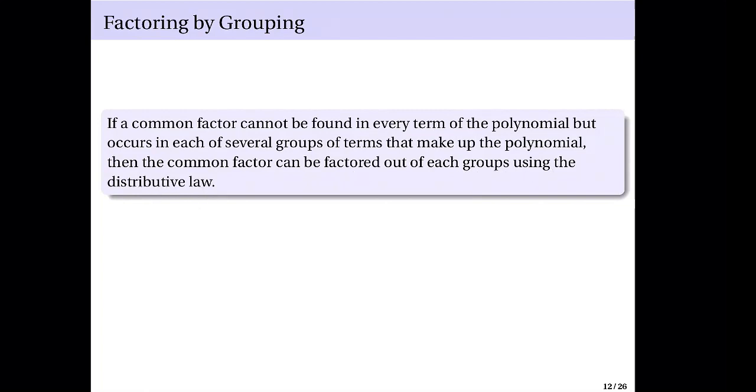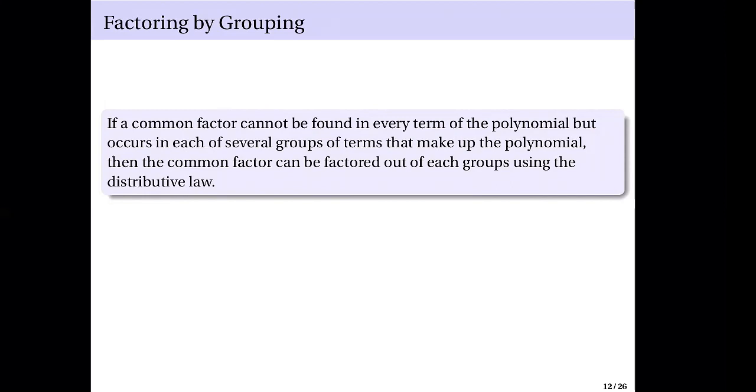So earlier, the first method that we had was factoring by identifying the common monomial. In this case, if we cannot find a common factor in each monomial, what we can do is group the terms.